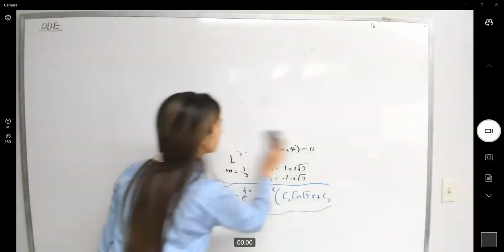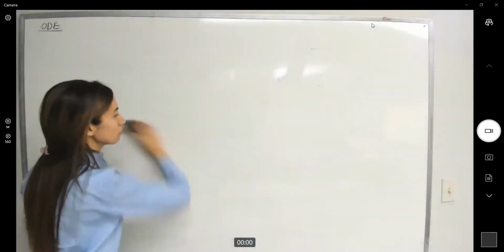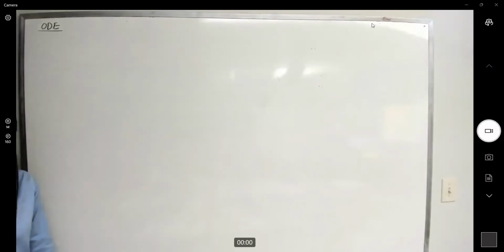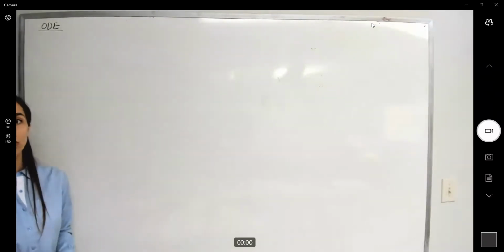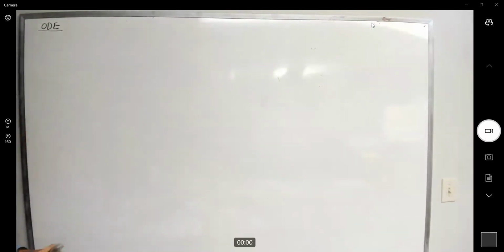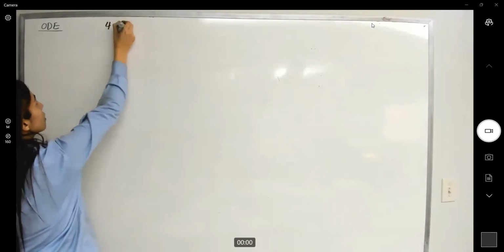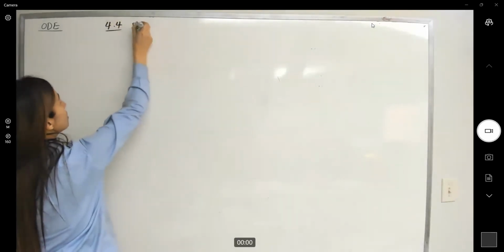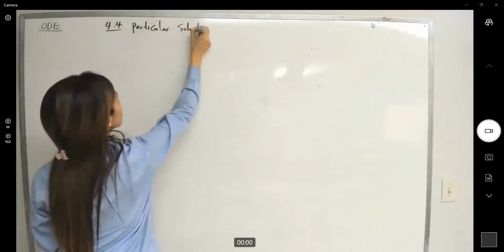So what we learned so far is that, what if we only have a homogeneous linear differential equation with constant coefficients? So here we are on 4.4, particular solution.